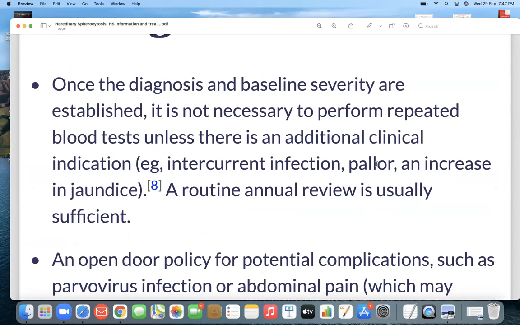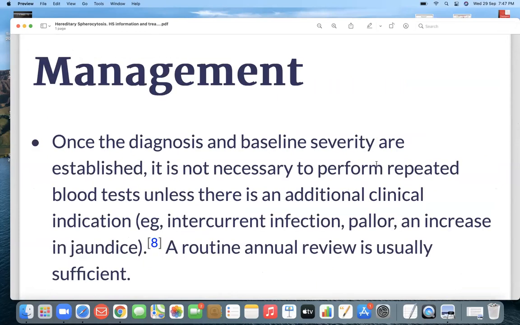Next is the management. Once the diagnosis and baseline severity are established, it is not necessary to perform repeated blood tests unless there is an additional clinical indication like intercurrent infection, pallor, and increase in jaundice.